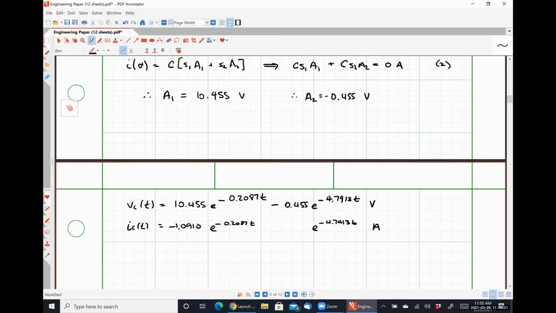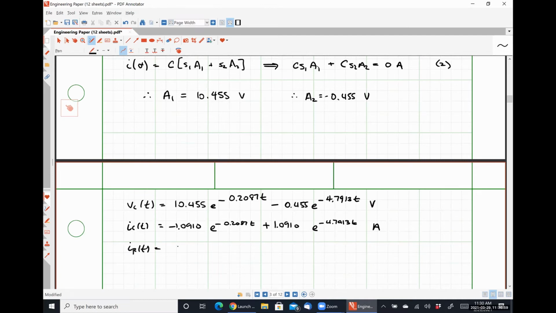And for coefficient 2, I have C times S2 times A2, which is positive 1.0910. And that makes sense because I know that at t is equal to 0, my total current should be equal to 0 as well. So those coefficients have to exactly match each other.